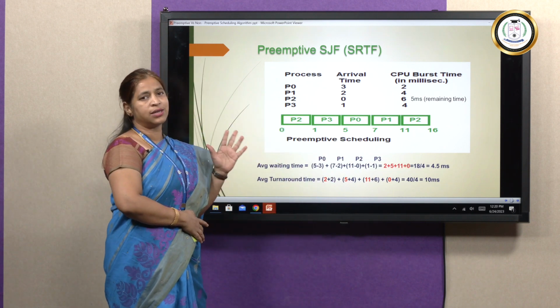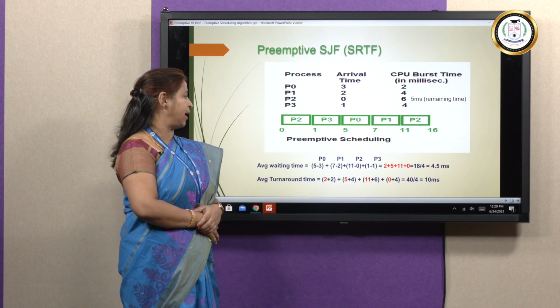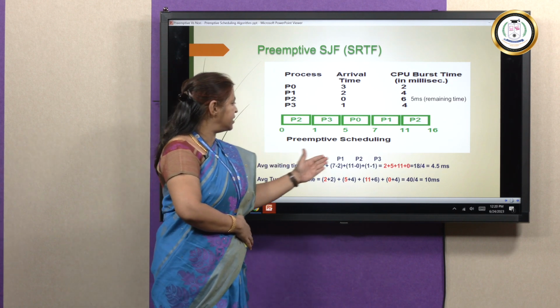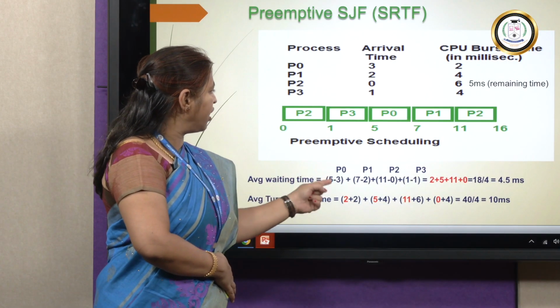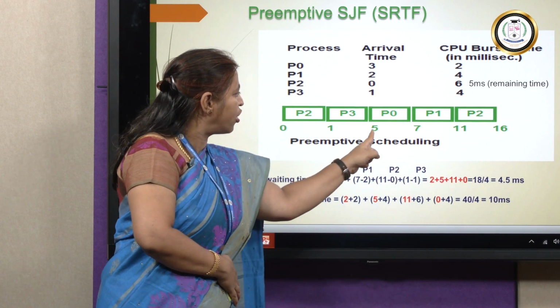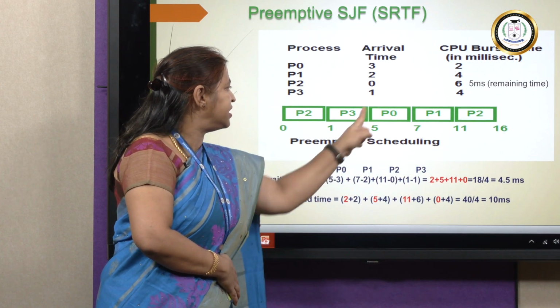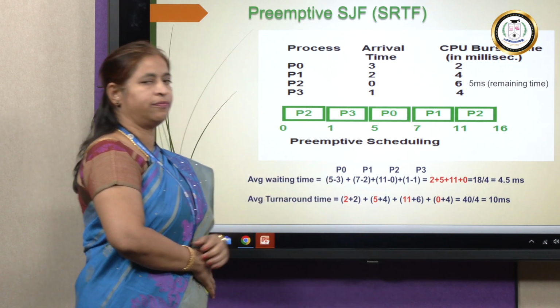Our task is to calculate waiting time and turnaround time. Let us talk about waiting time for each and every process. We'll calculate for P0. According to the Gantt chart, we have to look at the corner. This is their waiting time. According to the Gantt chart, P0 waiting time is 5.